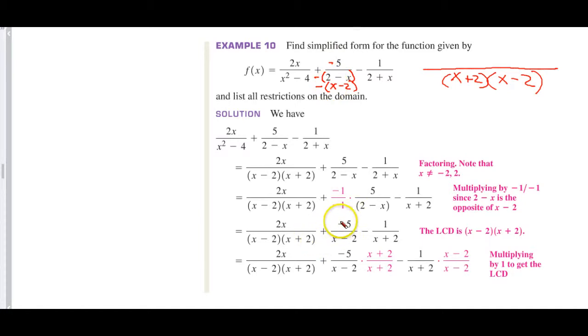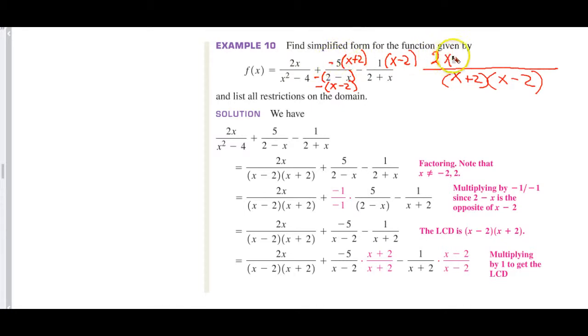They've done it right down there. Okay? So my common denominators then are these, and I have to modify these two by multiplying this one by x plus 2, and this one by an x minus 2, which they're doing over here.